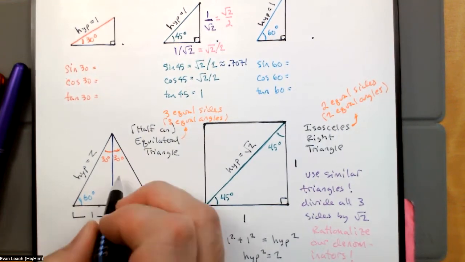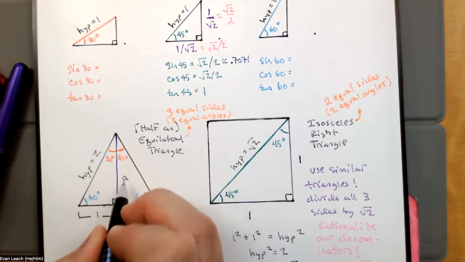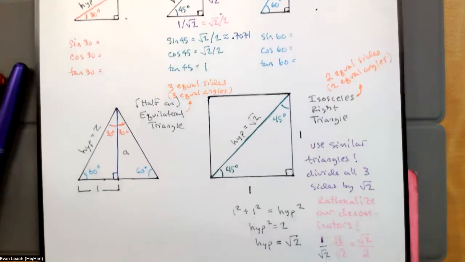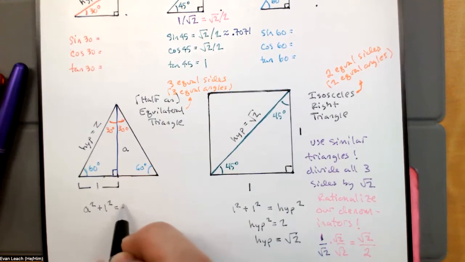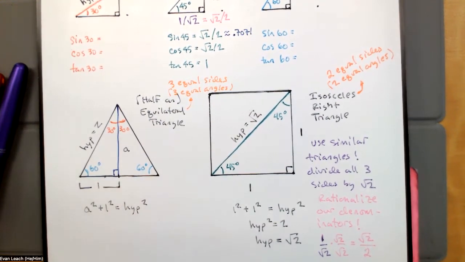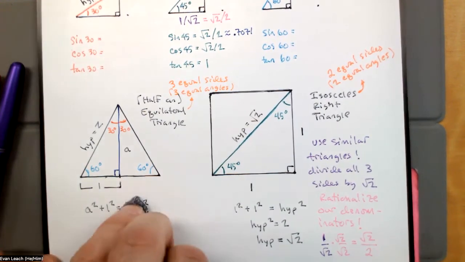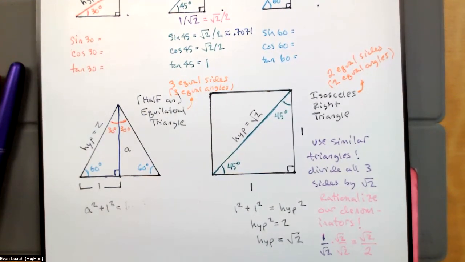So now I have to figure out the height of this triangle. If this is side a, I have a hypotenuse of 2. The side opposite the 30-degree angle is a 1. I have to figure out the side opposite the 60-degree angle. So we use the Pythagorean theorem again: a squared plus 1 squared is the hypotenuse squared. Oops, I know what the hypotenuse is. Oh, Zoom is slow again.